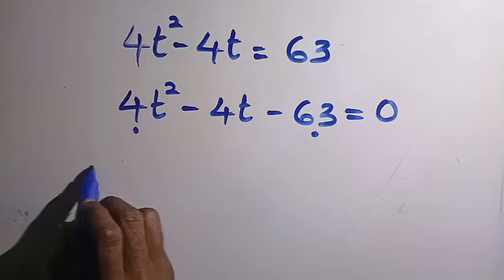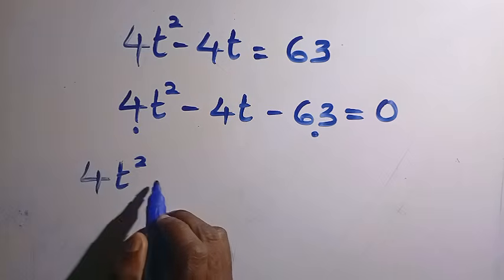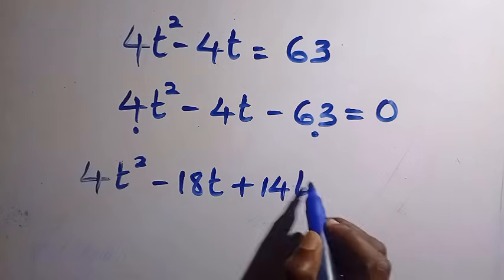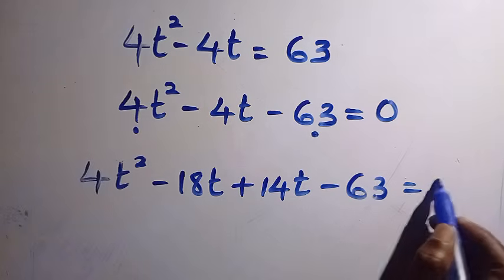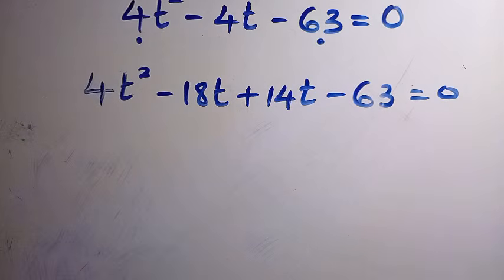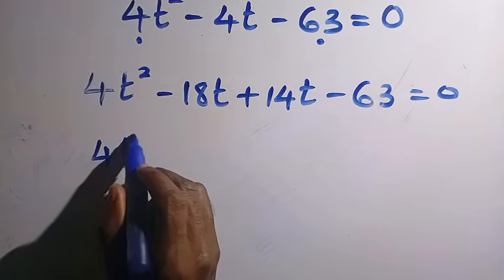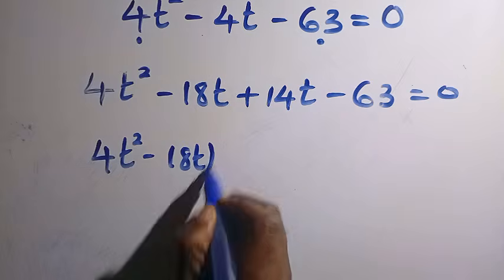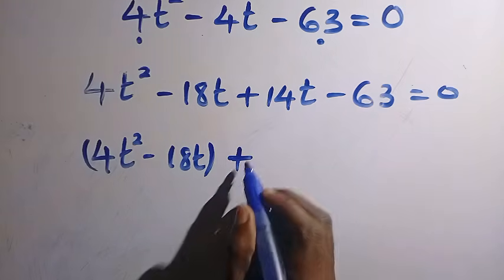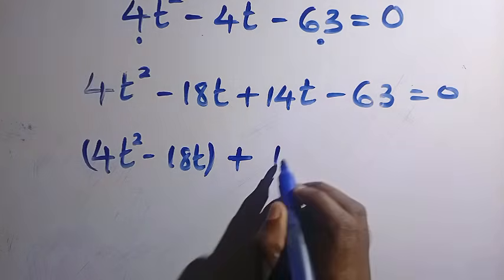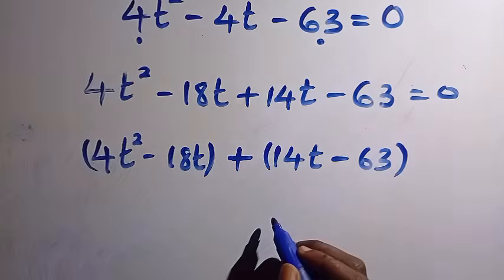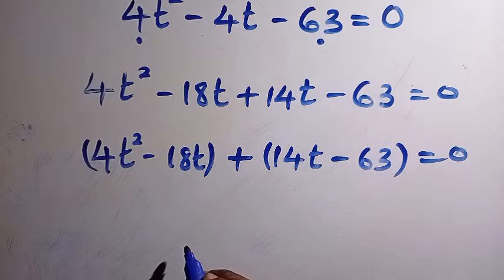So therefore, after getting that, we have 4t squared minus 18t plus 14t minus 63 equals 0. 63 will still be there. Then we are going to group this into two. We have 4t squared minus 18t in brackets, then plus 14t minus 63, all in brackets as well, equals 0.